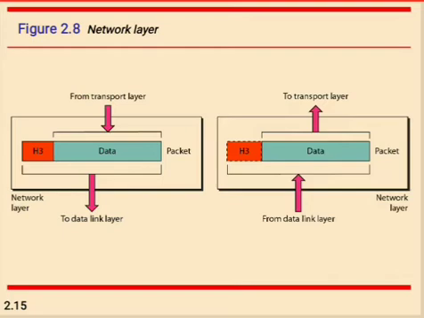So next one, the network layer. The network layer works for transmission of data from one host to another located in different networks. It also takes care of packet routing.